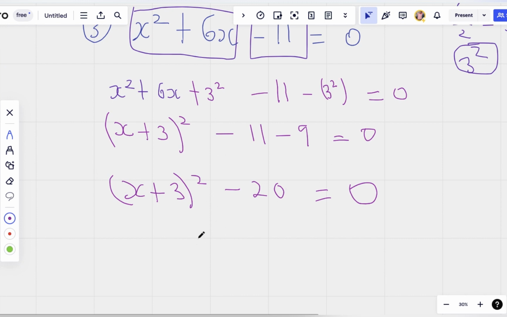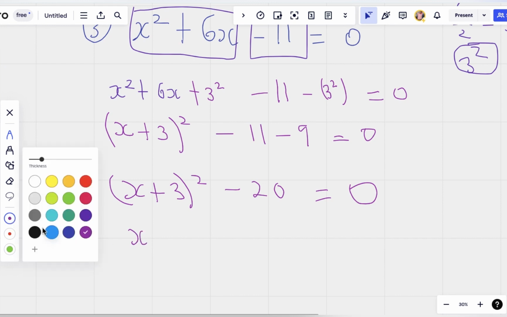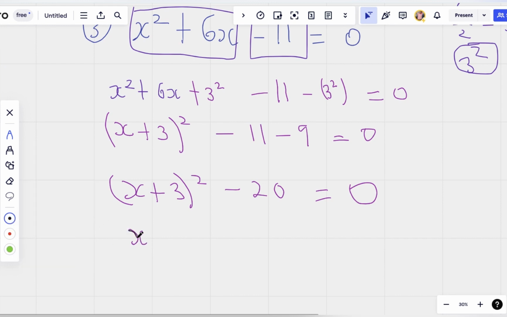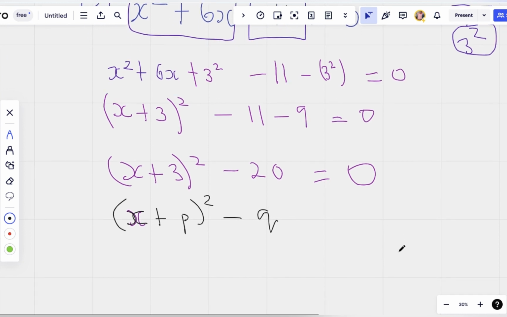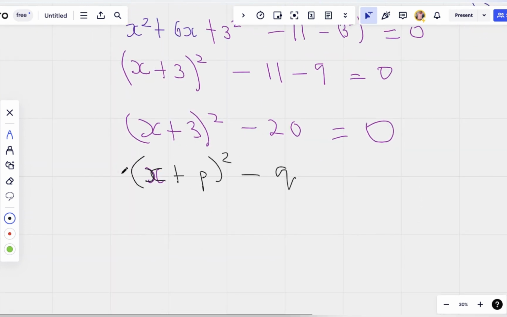When they ask you to put in completed square form, it's like this. Let me use another color to distinguish it. They say put it in the form x plus p squared minus q. Then they ask you what's the value of p and q. In the exam they ask both questions.